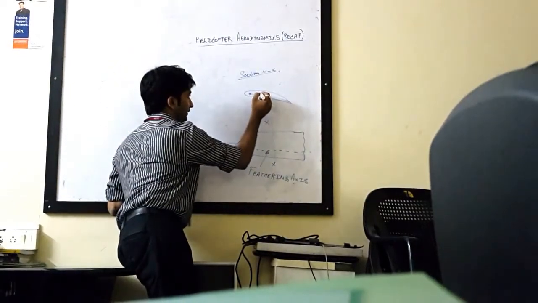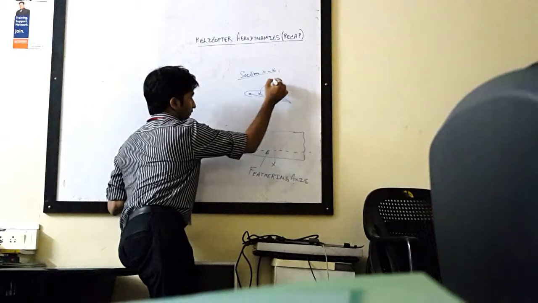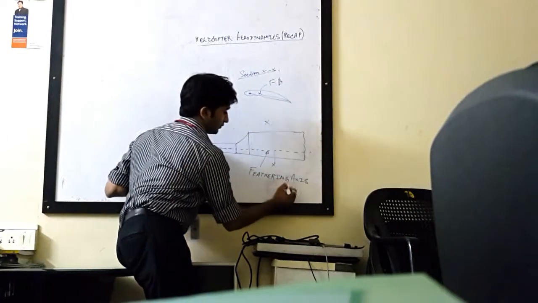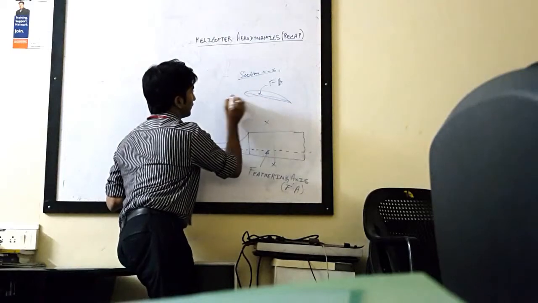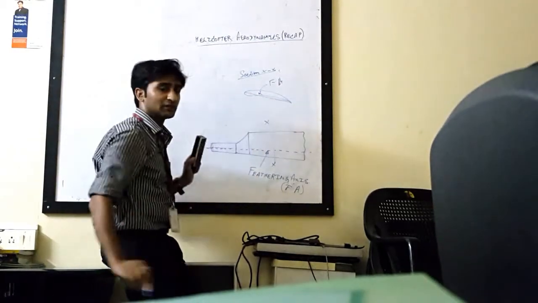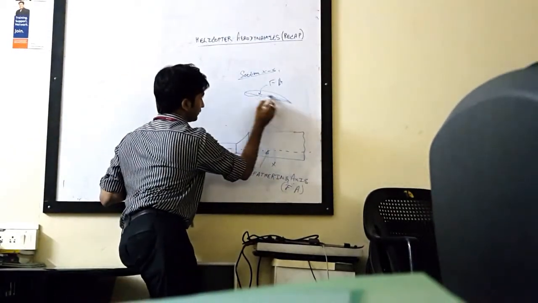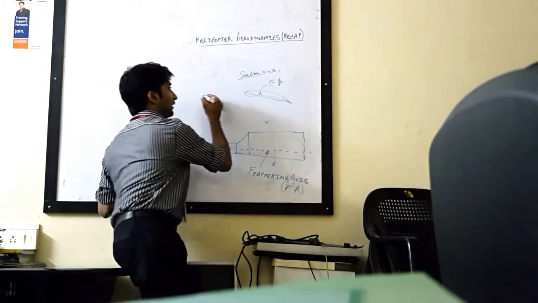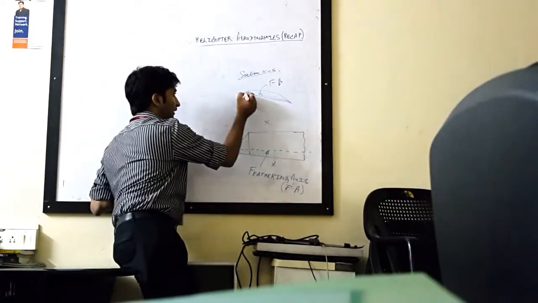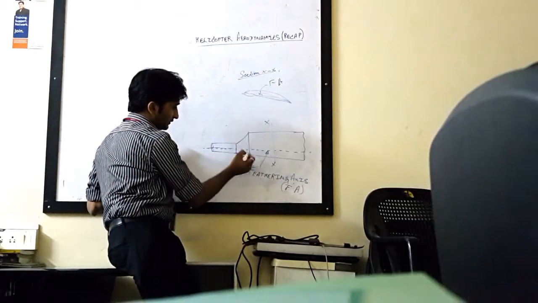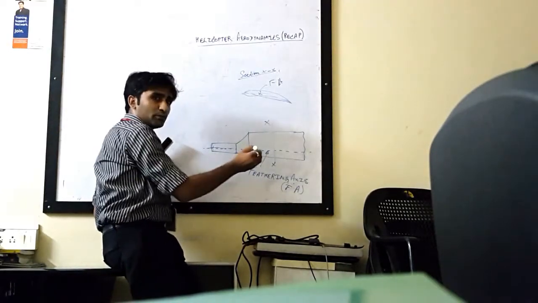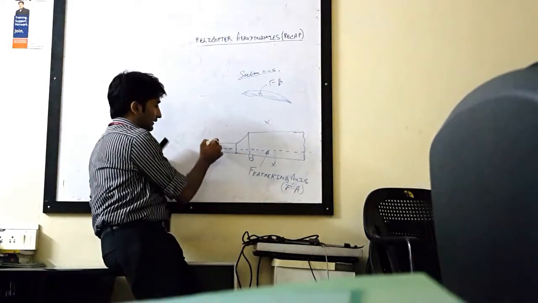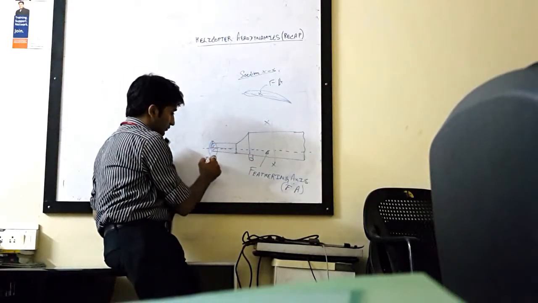If this is my feathering axis, right? So now I make an attachment here, and there is a control rod which can move it up or down, and it has a bearing here.